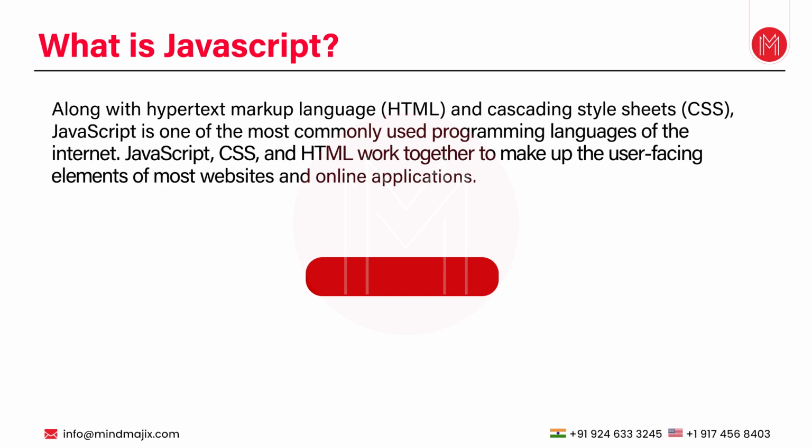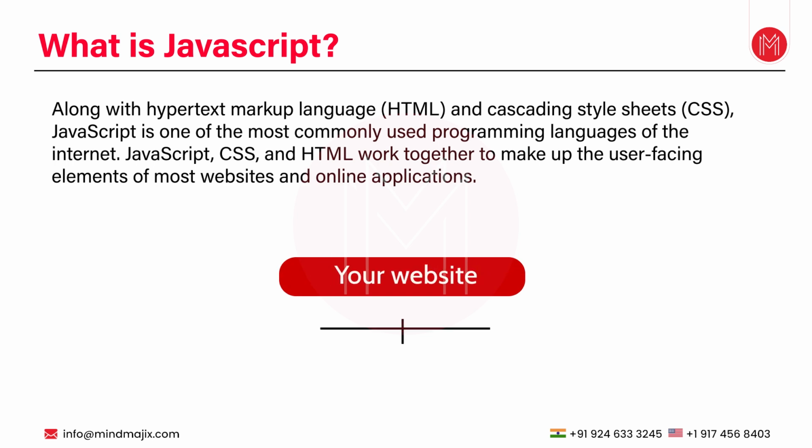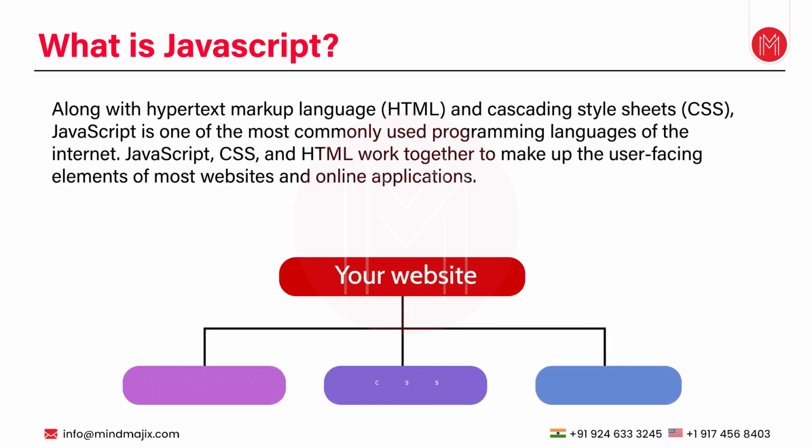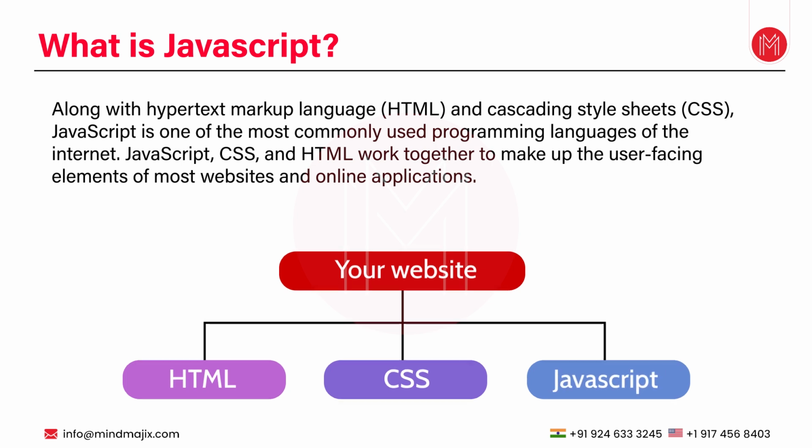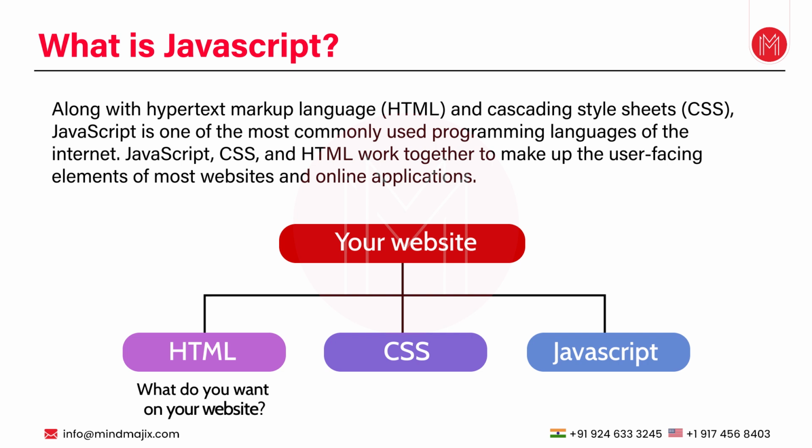Along with HTML, or the hypertext markup language, and cascading style sheets, or CSS, JavaScript is one of the most commonly used programming languages of the internet. In fact, 99% of all websites today use JavaScript. JavaScript along with HTML and CSS work together to make up most of the user-facing elements of websites and online web applications.